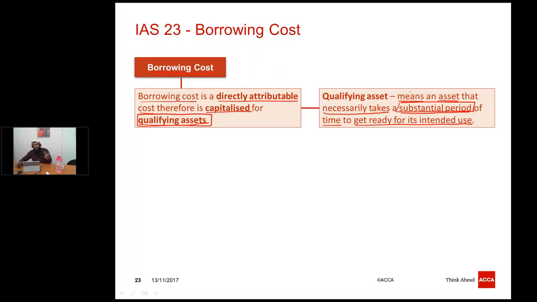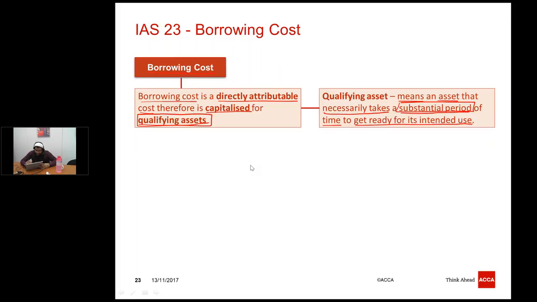No. Substantial period means any period in which the amount becomes material, which is normally a year or maybe 6 months or maybe 3 months depending on the amount. So qualifying asset is an asset which necessarily takes a substantial period of time to develop or to bring into the intended use.